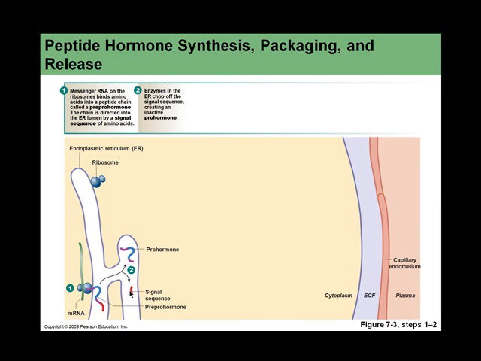The pre-pro hormone specifically has what's called the signal sequence. This signal sequence is on all proteins that are translated at the endoplasmic reticulum. Anyway, I guess this is reading it from this end to that end.